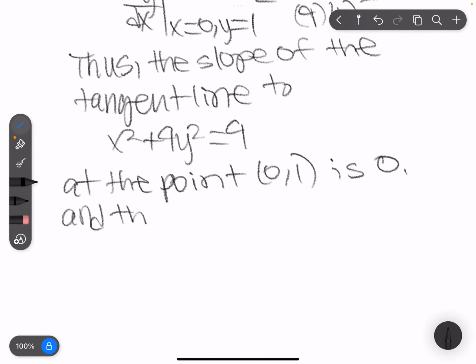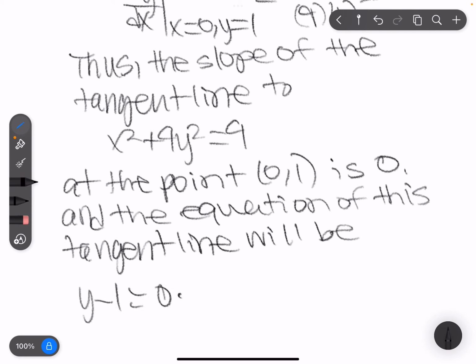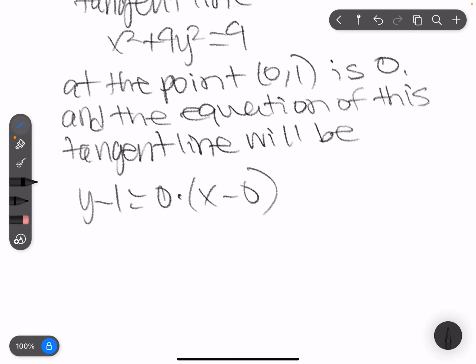And the equation of this tangent line will be y minus 1 equals the slope times x minus 0, which can just be written y equals 1.